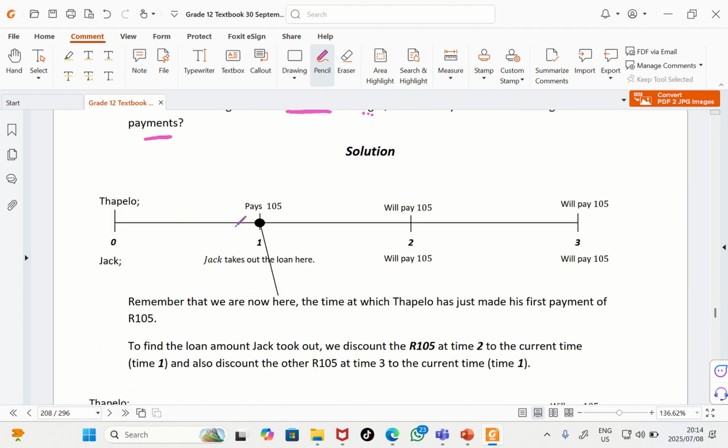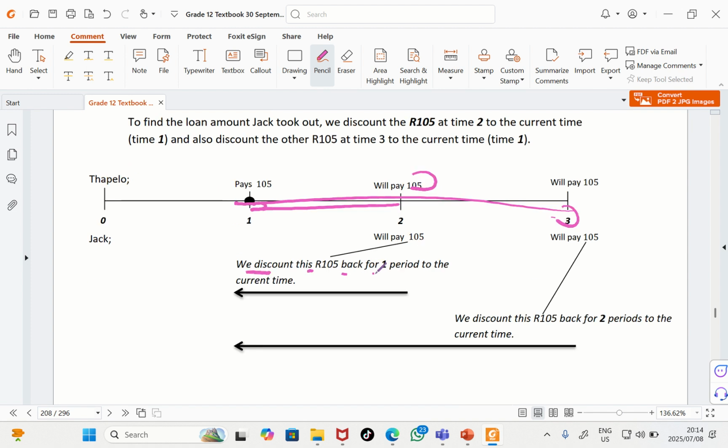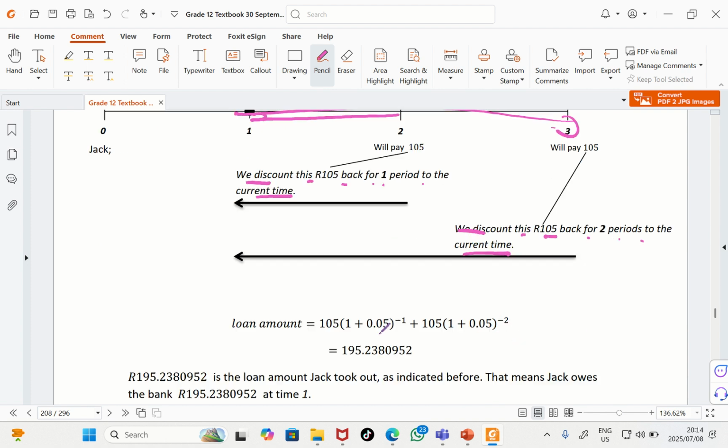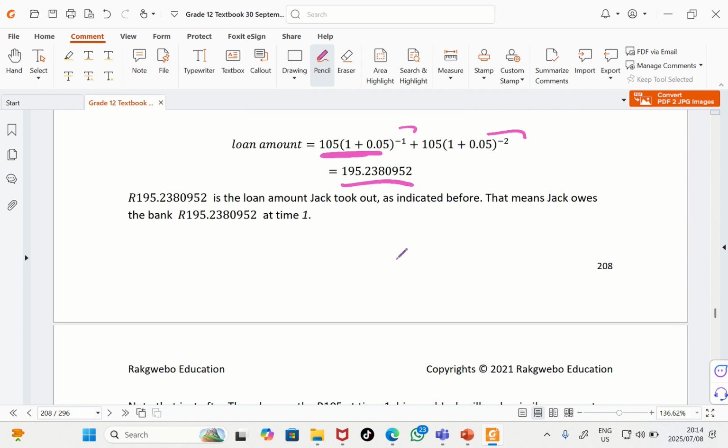The 105 discounted back 1 period, and the 105 discounted back 2 periods to the current time. This gives us 195.23, which is literally the loan amount we got at the beginning. Easy peasy.